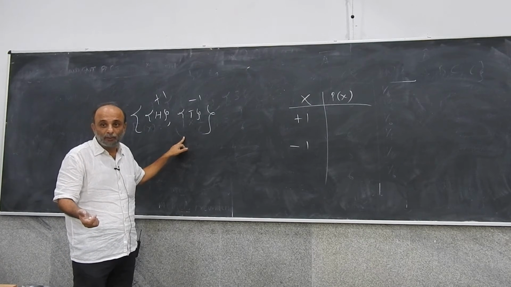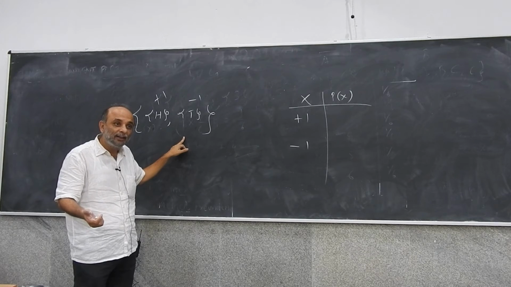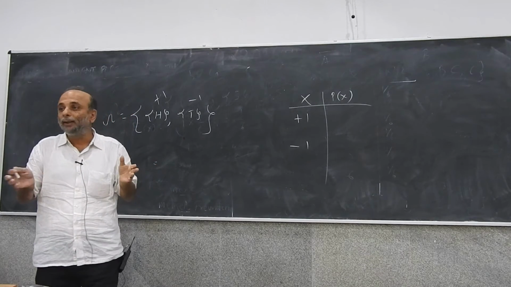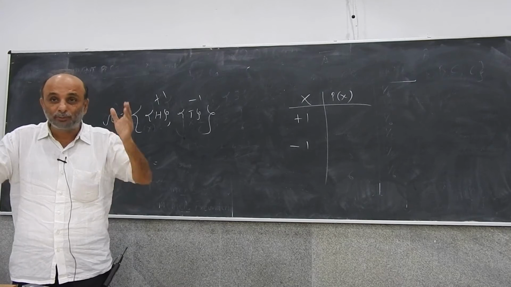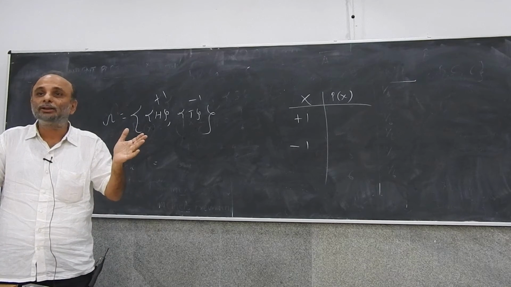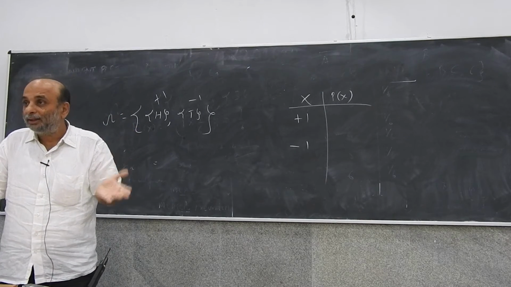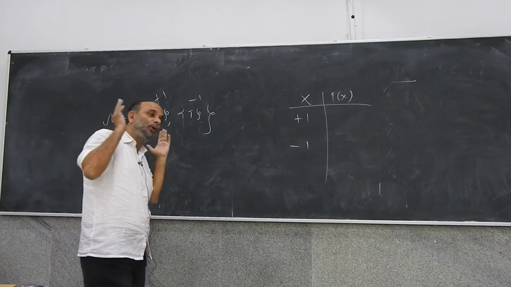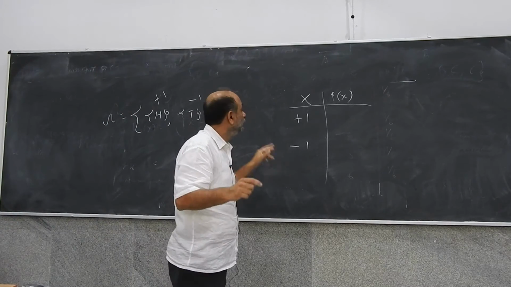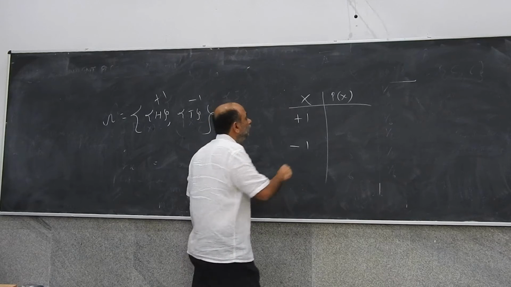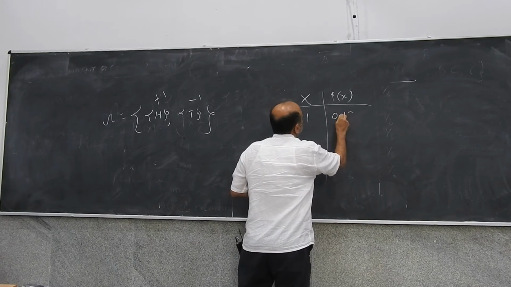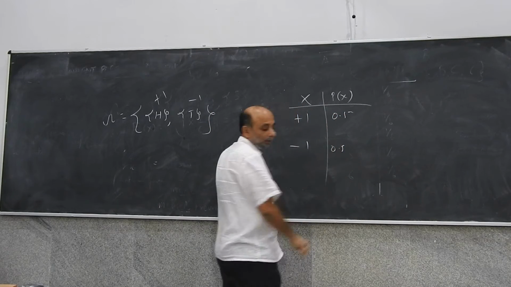There are 3 possible outcomes. But are they all equally likely? No, India is much more likely to win in the current situation. So 3 outcomes don't necessarily have equal probability. The structure of the experiment has to be such that they are also equally likely. In this case they are equally likely. So probability P of x is 0.5.